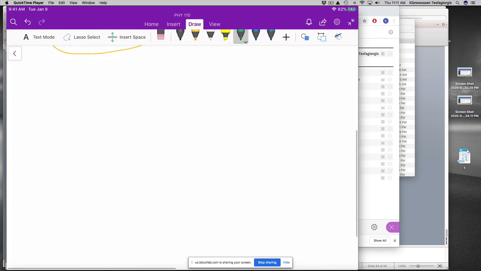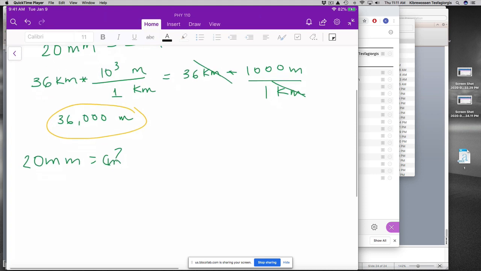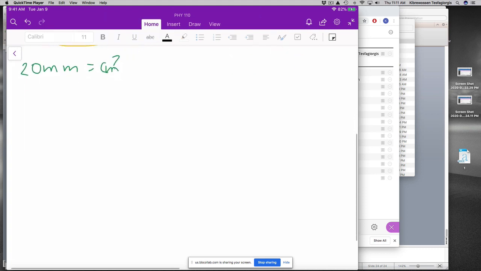What you know is the prefix milli means 10 to the power of -3, and you know that centi means 10 to the power of -2, right?